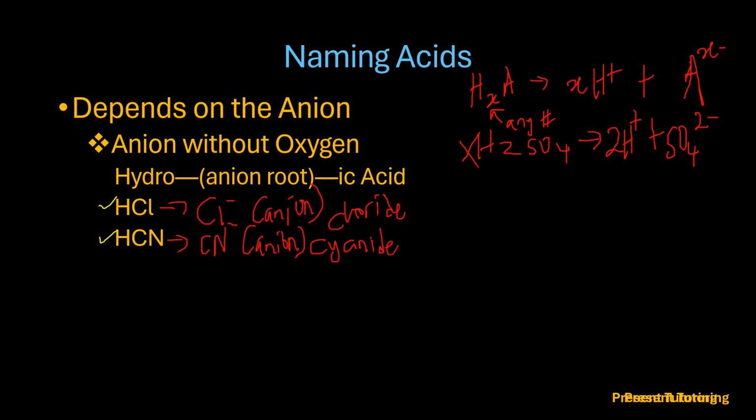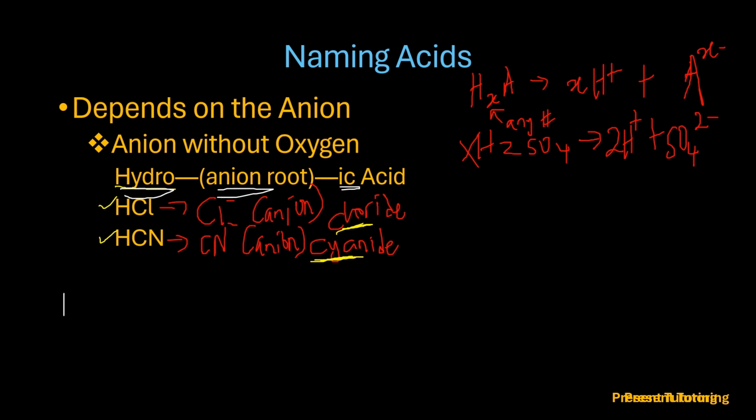The root of chloride is going to be chlor, and the root of the cyanide anion name is cyan. So we have a formula for naming these compounds: you name it hydro, then the anion root name, and then ic acid. Let's give it a try.